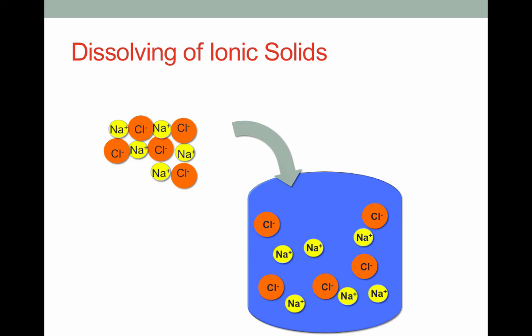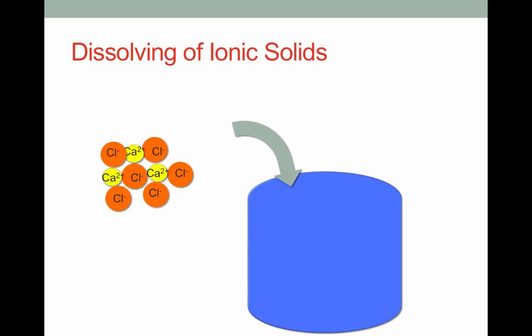And again, recall that these ions are mobile, meaning they're moving around in the water, and they're able to conduct an electric current. We can write a dissociation equation as follows. NaCl solid yields, as indicated by the arrow, Na+ ions and Cl- ions. That's a dissociation equation. aq means aqueous, for dissolved in water.